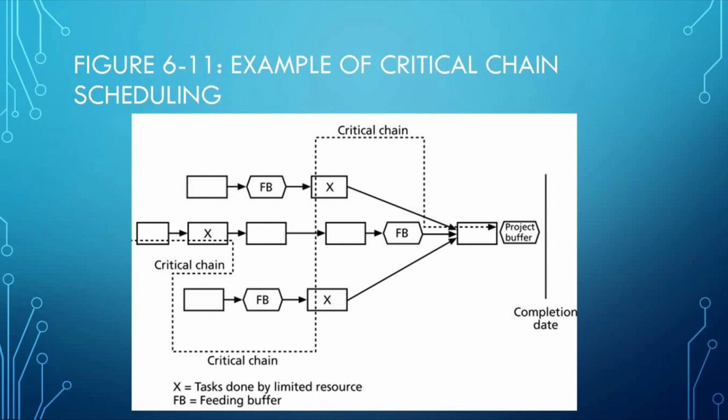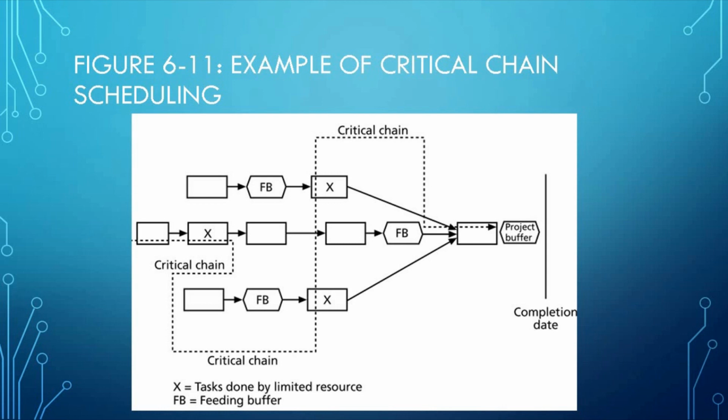Example of critical chain scheduling. X is representing the task done by a limited resource and FB is representing the feeding buffer. The feeding buffer is the additional time added before a task on the critical path. And the project buffer is the additional time added before the project's due date.